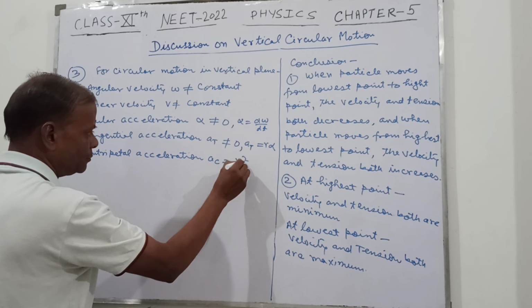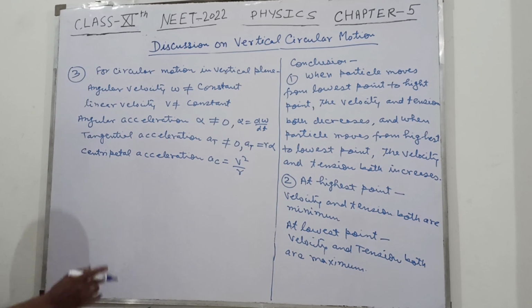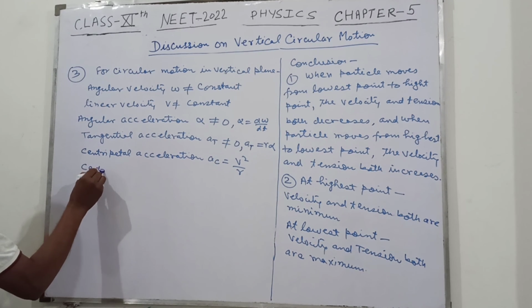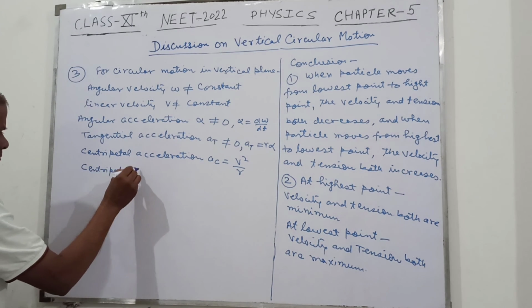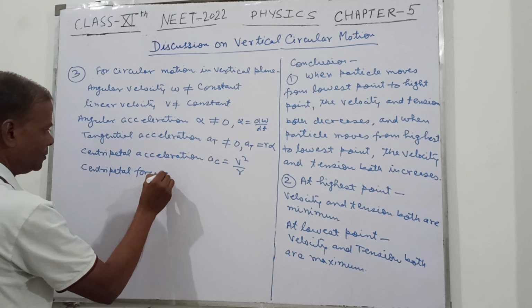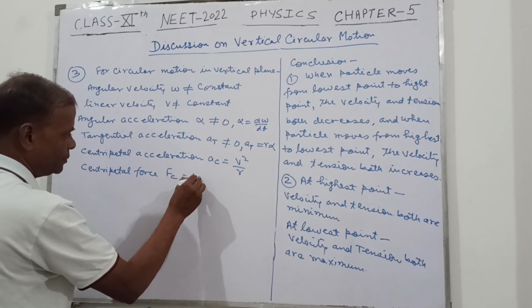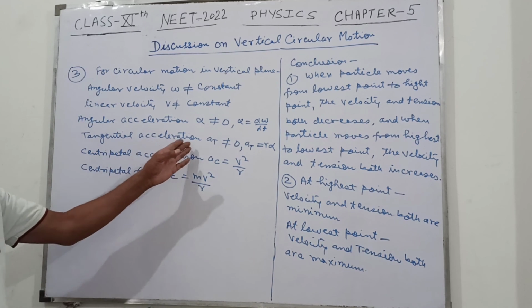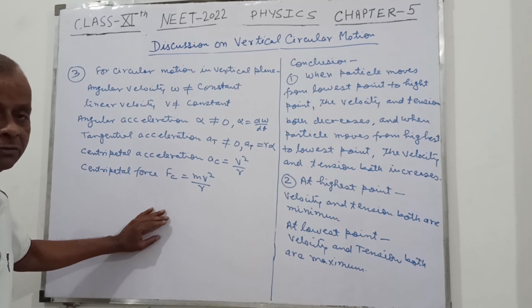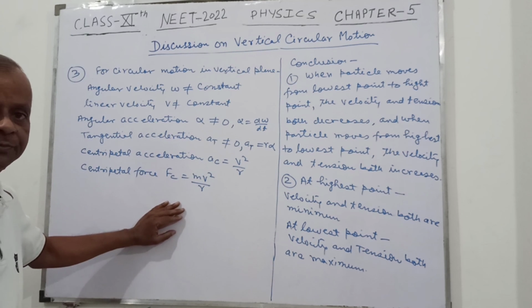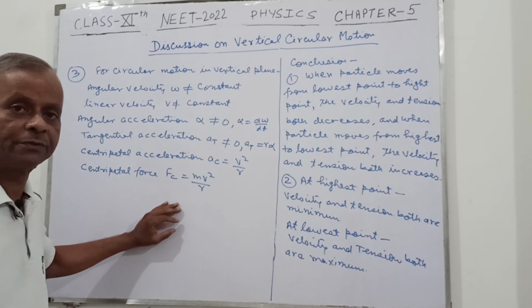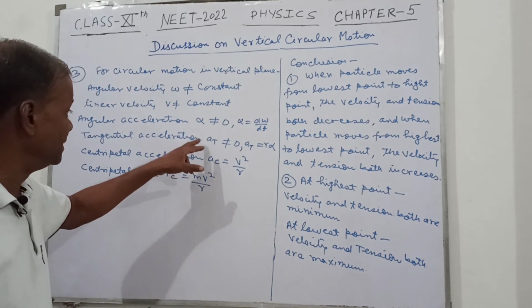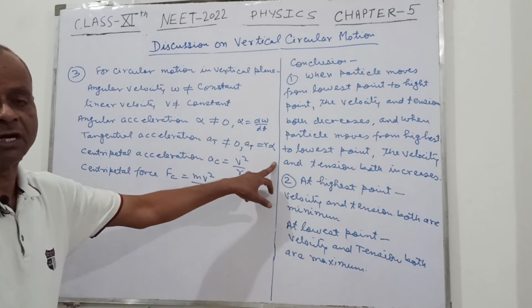This is equal to v square upon R, and the centripetal force FC is equal to mv square upon R. Tangential acceleration is there, so there is a force acting on the particle, and that force will be given by m into the tangential acceleration at, so m r into alpha.